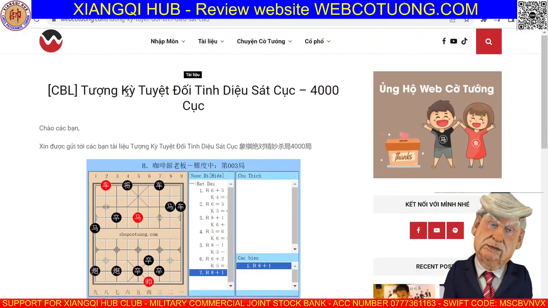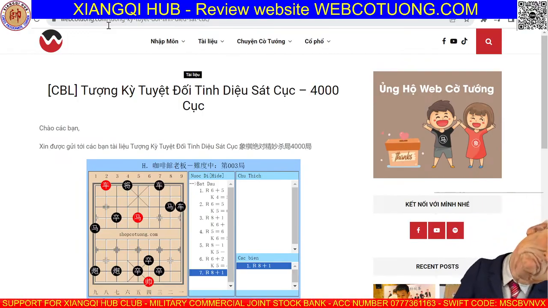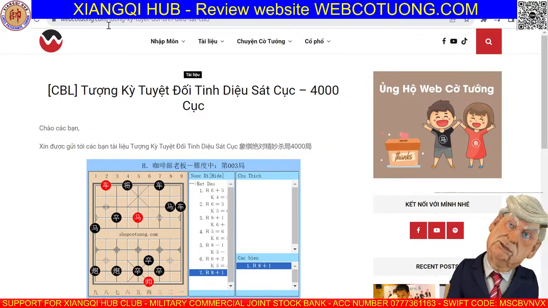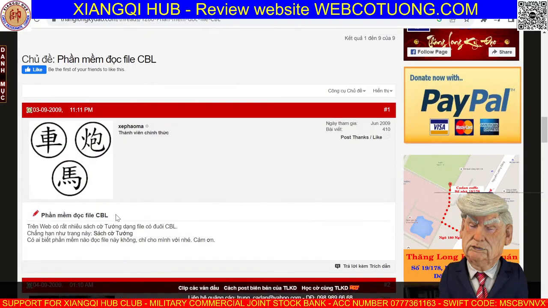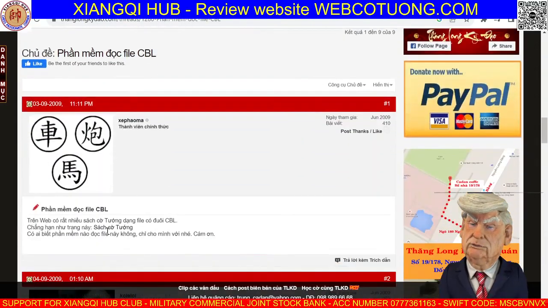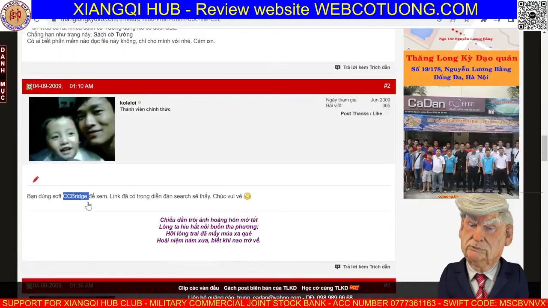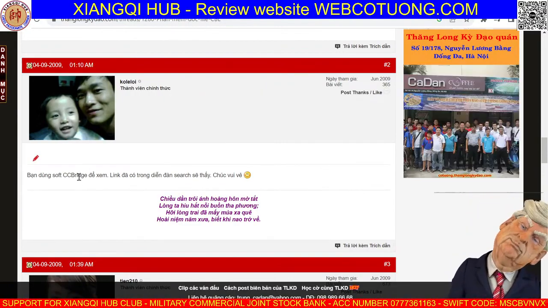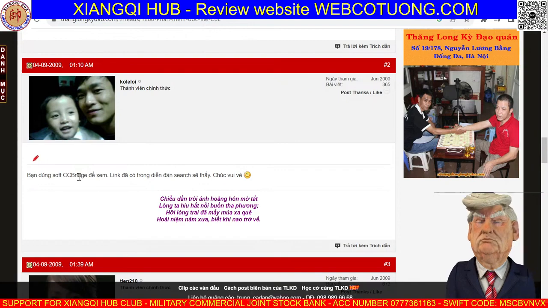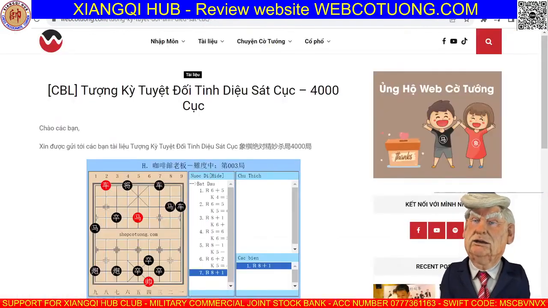Okay, so we can use that web app, what we call CC Bridge. CC Bridge, yeah. Anyway, that's interesting.